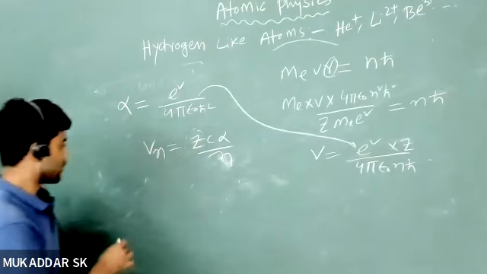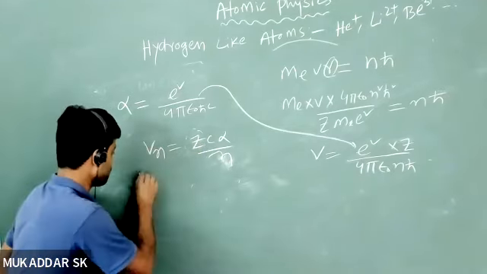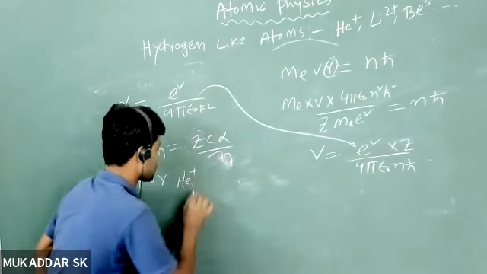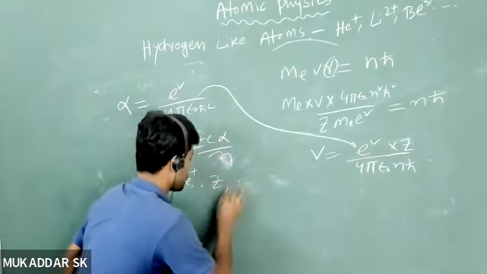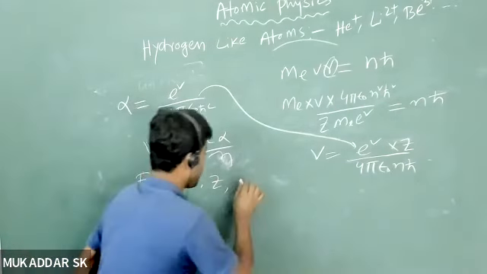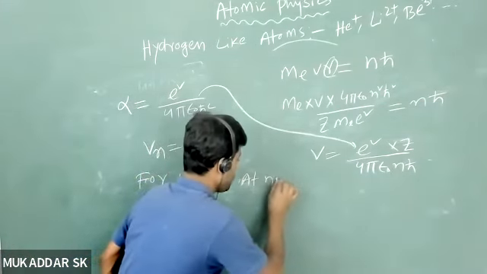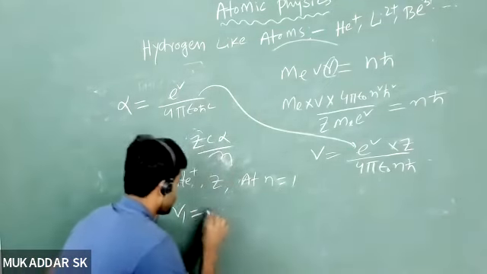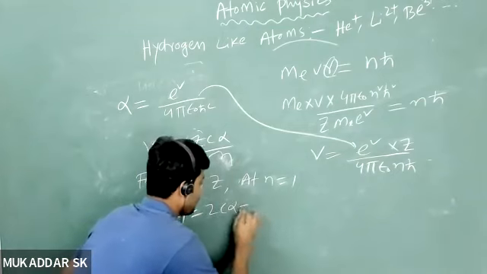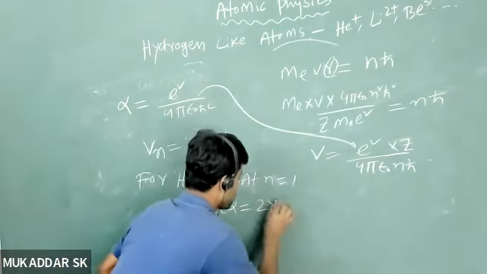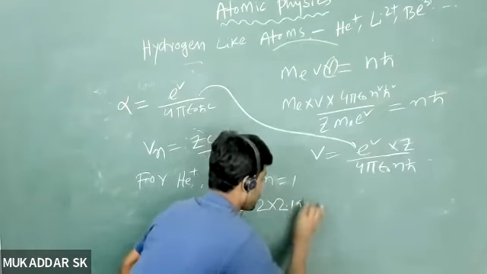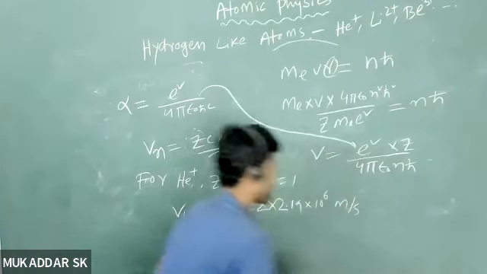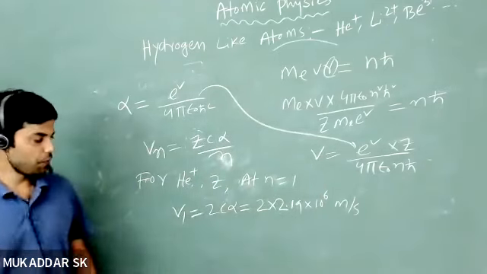So if you calculate the speed of electron at n equals 1 for helium plus, where Z is 2, that speed will be simply v1 equals 2 c alpha, and that value will be 2 times 2.19 into 10 to the power 6 meter per second. Did you people get what I'm saying?